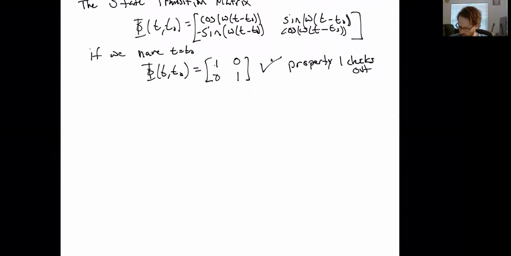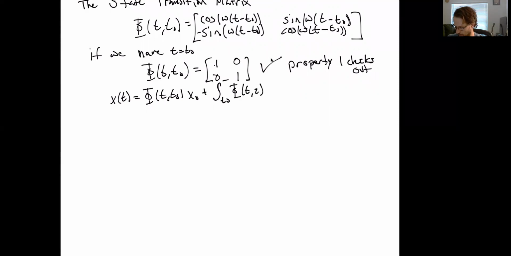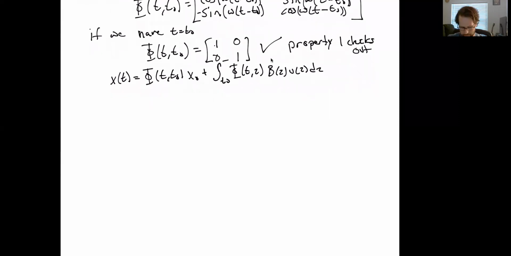Great. So now, if we apply the equation that we had before, again, that was x of t is equal to phi of t, t naught, x naught plus the integral from t naught to t of phi of t, tau, B of tau, u of tau, d tau. All right.